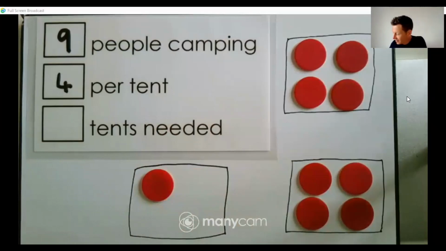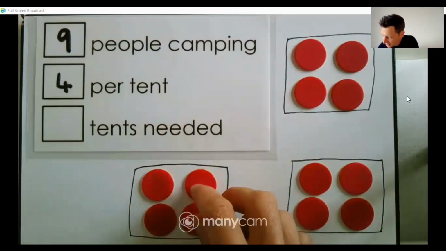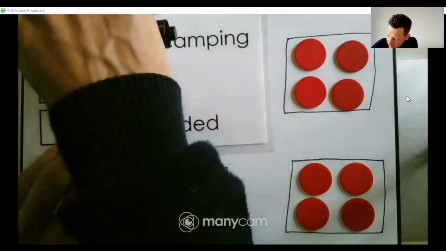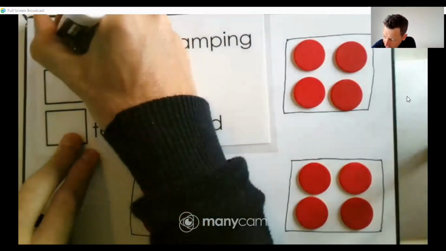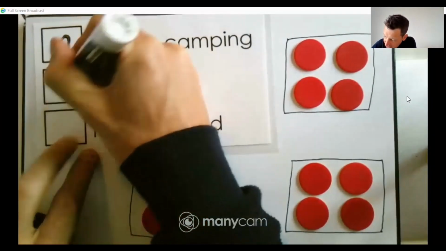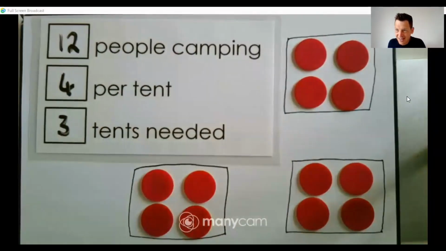Now, if I go back to here, something that I could ask children to explore, if I was deepening, is we could say, right, this picture represents 12 people camping, 4 per tent, 3 tents needed here. But actually, for my brother's 40th birthday, there weren't 12 people camping.